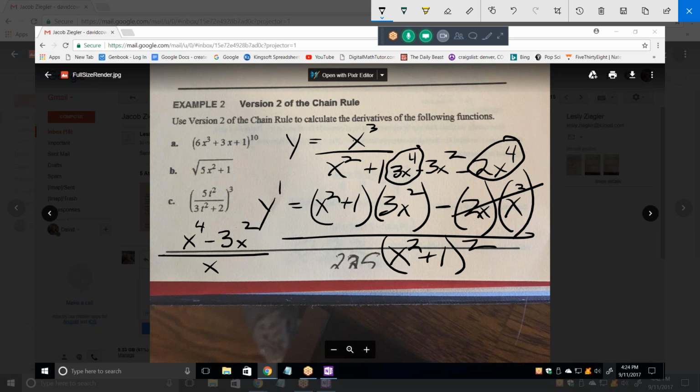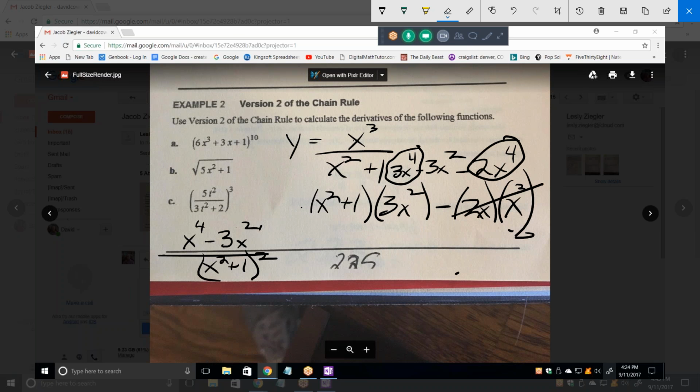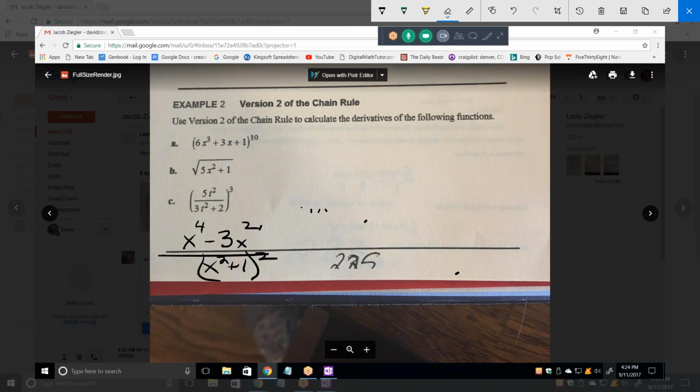Down here, I've still got x squared plus 1 squared. Now, I'm not going to give up on this yet. Can that be simplified? That's always the hard part when using the quotient rule. It's not plugging it into the quotient rule. It's the algebra. What can you factor out of the top?